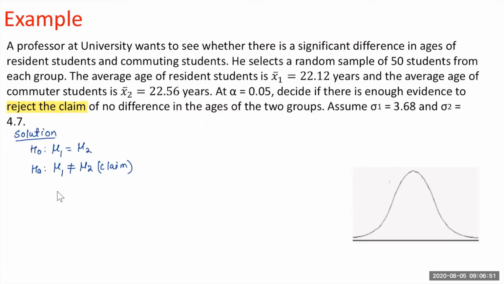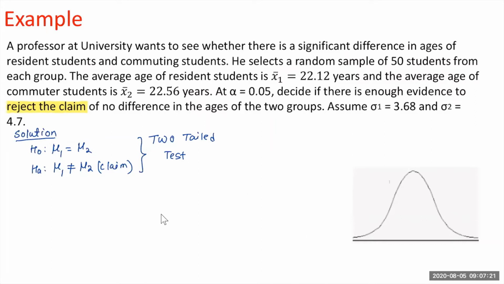You know that in the first step, we write the hypothesis. This is our hypothesis. And you can see in the hypothesis, you have equal to and not equal to sign. If there is a not equal to sign, meaning this is a two-tail test. Two-tail test. Make sure we write all these steps. And also, we are going to collect all the information given here so that it's easy for us to tackle the problem.